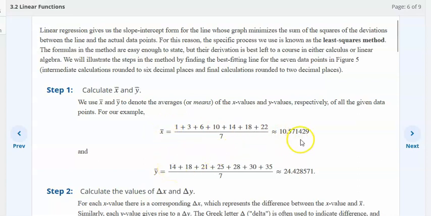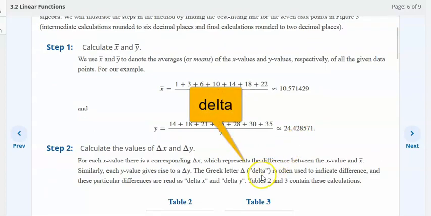This gives you what is called a delta value, and this little Greek triangular symbol relates to that. What's the delta value? It's the mean, the average of your x values and the average of your y values.